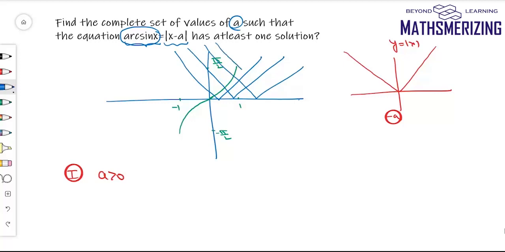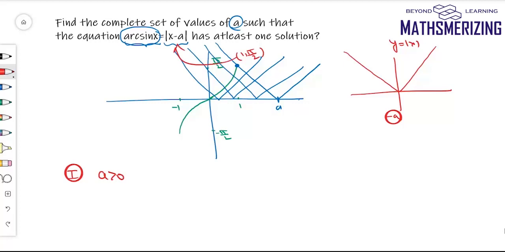Now there'll be one value of a beyond which there'll be no point of intersection. So the maximum value of a for which this equation will have at least one solution is when mod of x minus a will pass through the point (1, pi by 2).